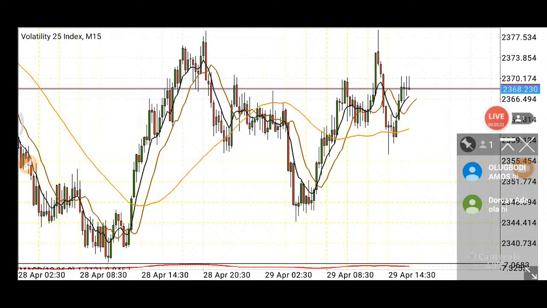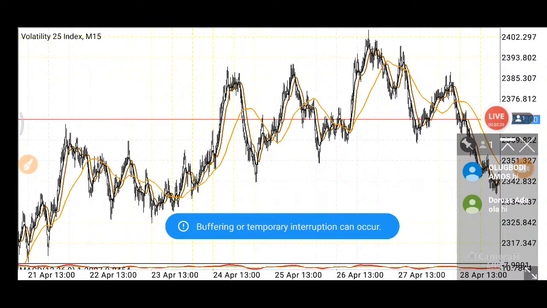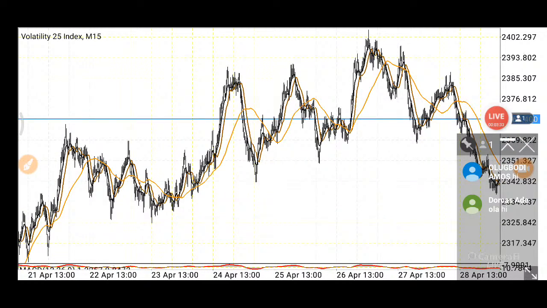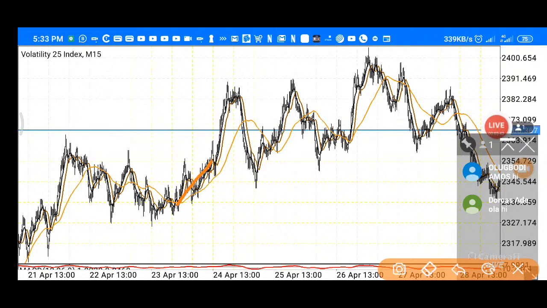First of all, I will introduce what is meant by resistance to you. If there is a bullish market like this and there's a change in trend at a particular point, this point at which a bullish trend changes back to a bearish trend is called a resistance.